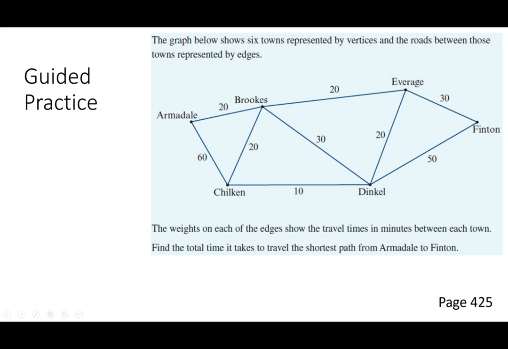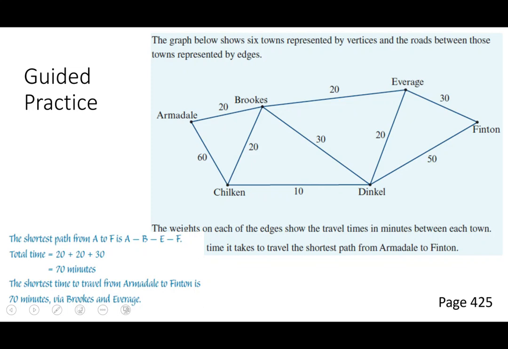So 40 minutes plus 30 is 70 minutes. At Brooks, I could have taken this 30-minute detour, but then it would have been 50 minutes to Finton, so it's not worth doing. So 20, 20, 30, 70. There you go. The shortest path from A to F is A to B, B to E, E to F. 70 minutes.